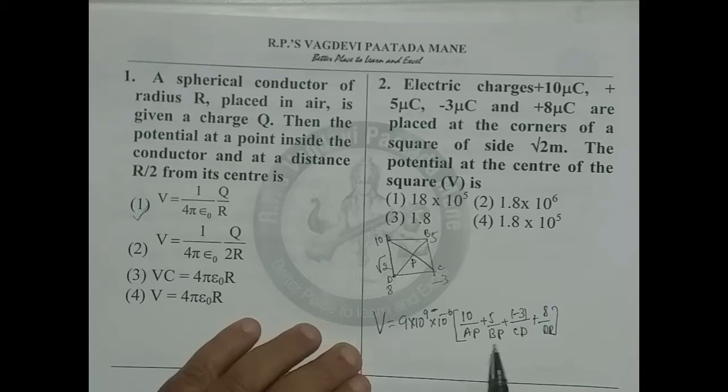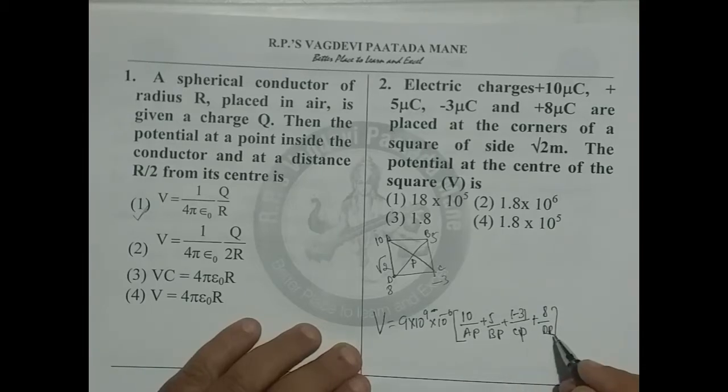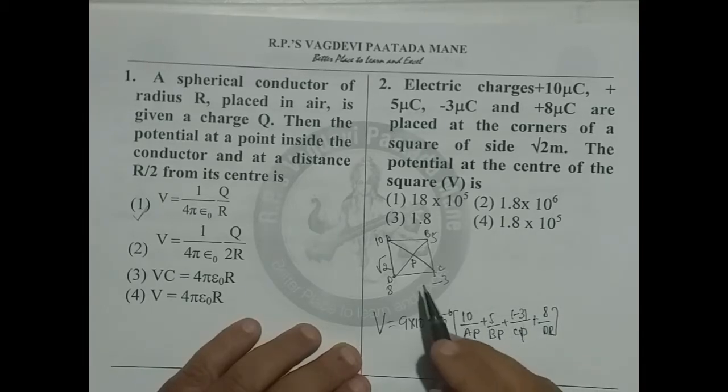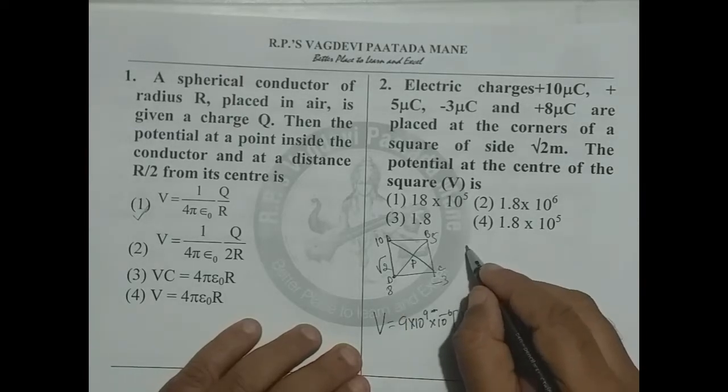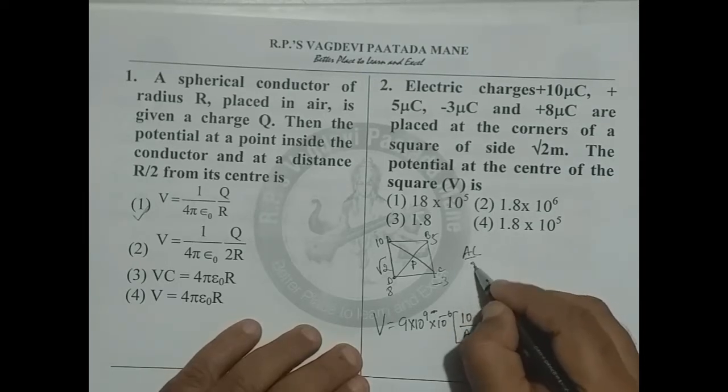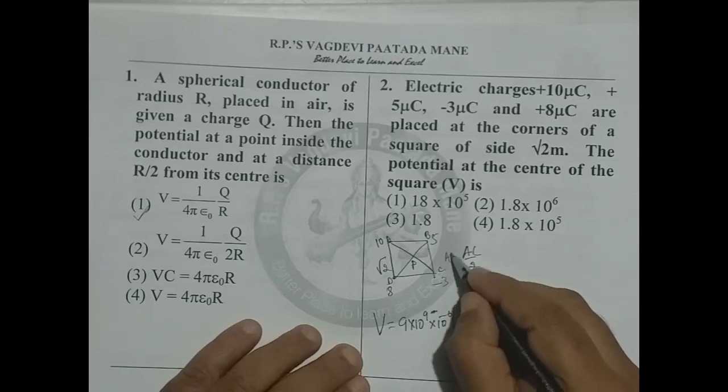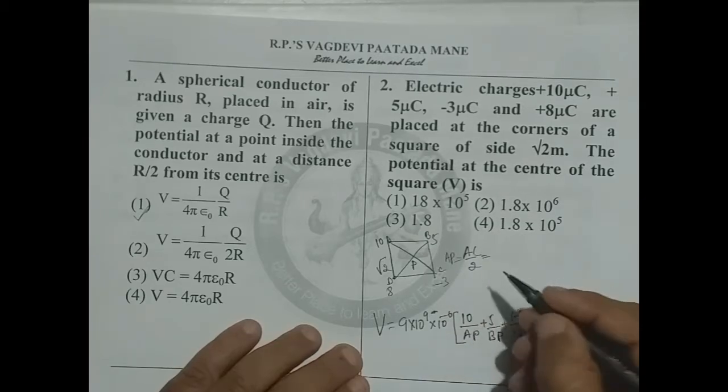Observe, AP, BP, CP and DP are all the same. They are half diagonals and we can calculate them as, say like this. Just observe, AC by 2 is AP or BP or CP or DP.